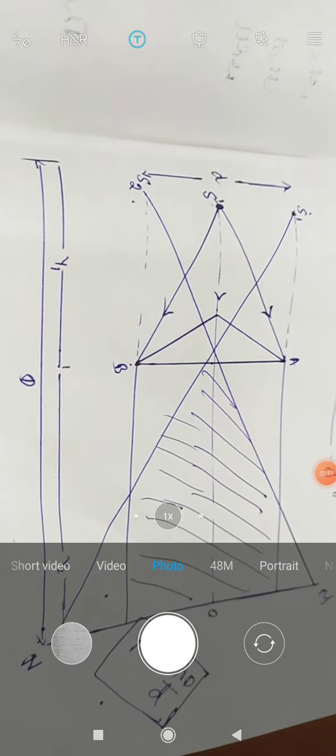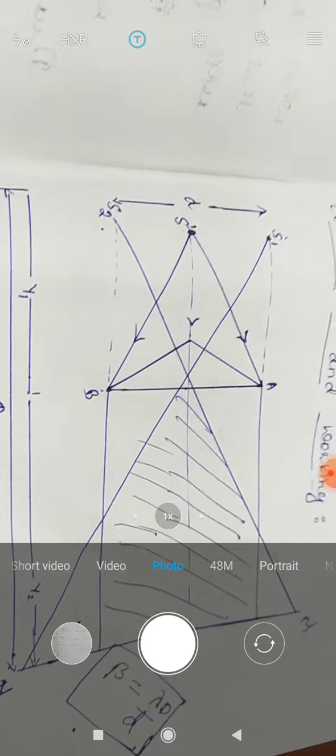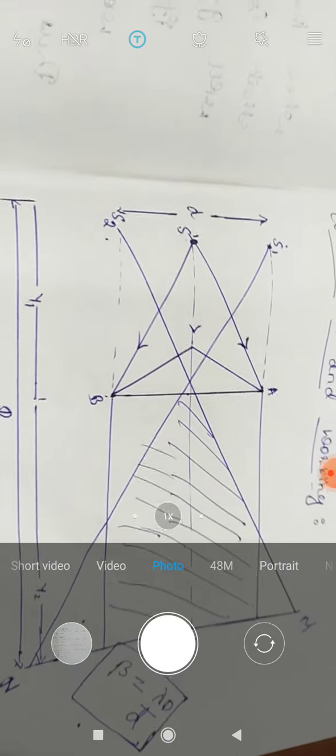Using this biprism we can find the wavelength of the monochromatic light.